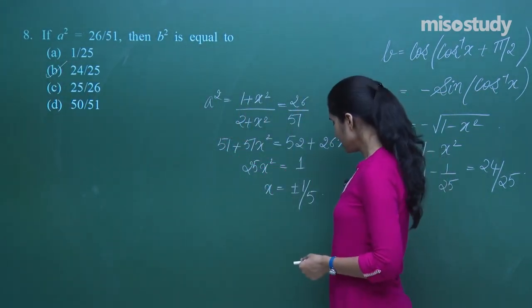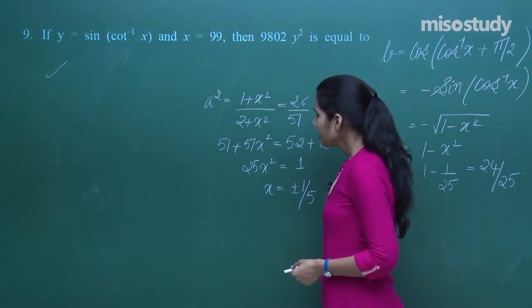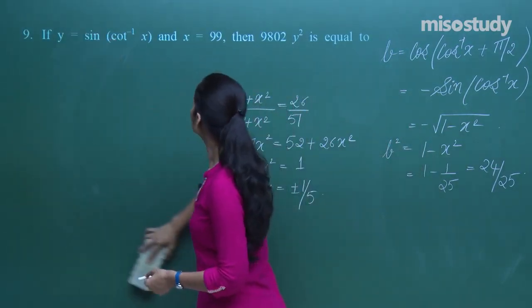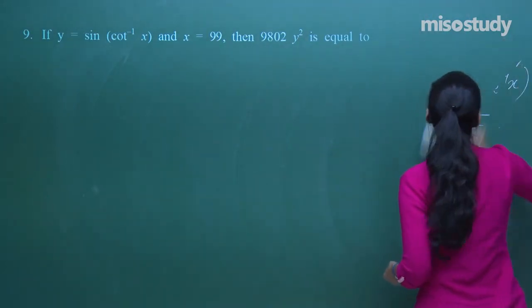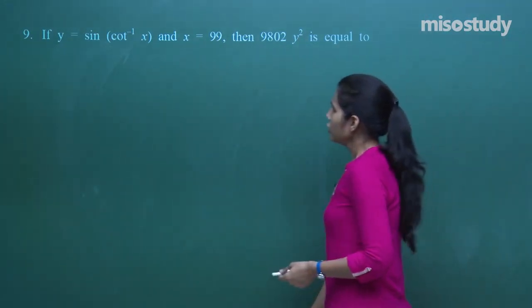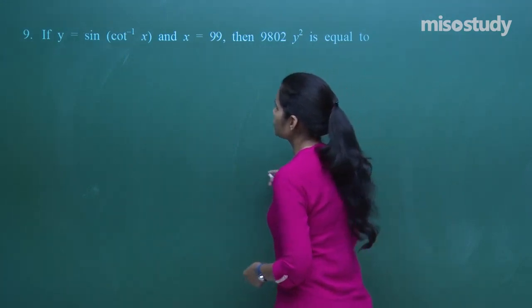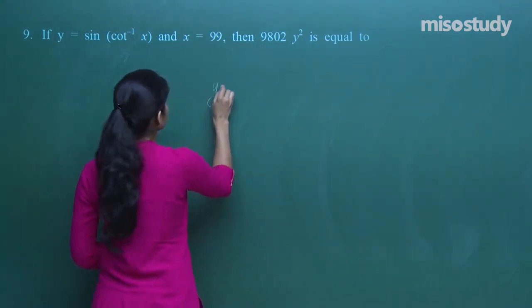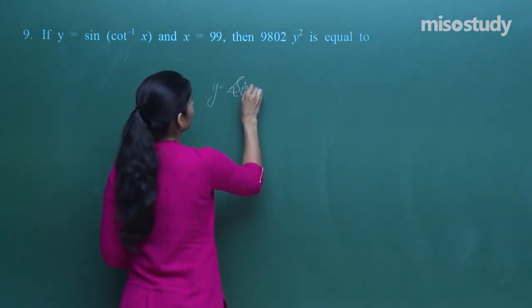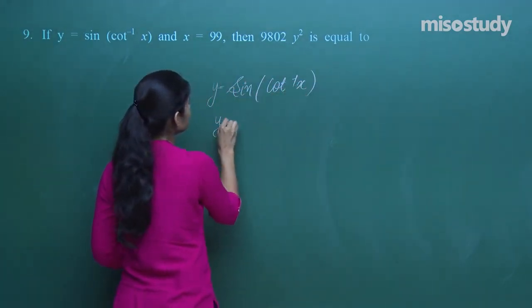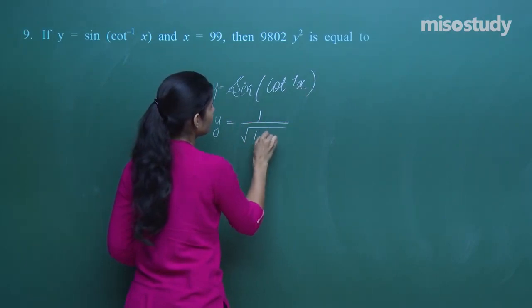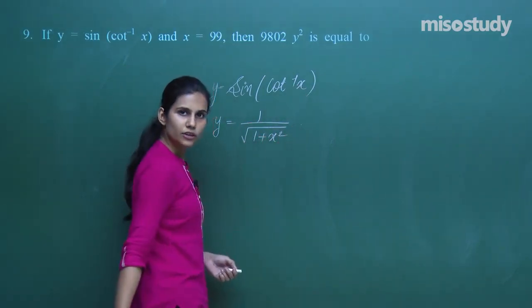Clear? Next question says what? Let's see. It says that if y is sine of cot inverse x and x is 99, then 9802 times y square is equal to what? Okay, so integer type question, let's try to tackle this. Y is sine of cot inverse x. We just did, this means y is equal to 1 upon root over 1 plus x square. Right?